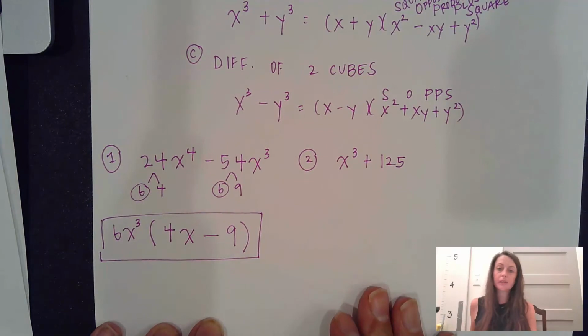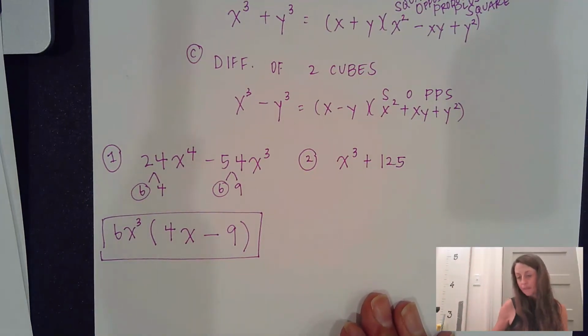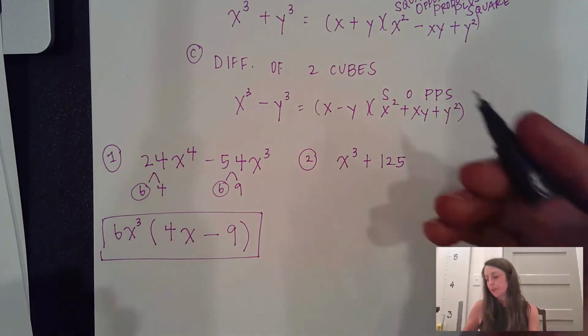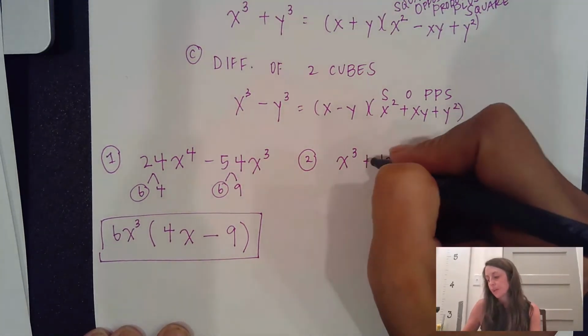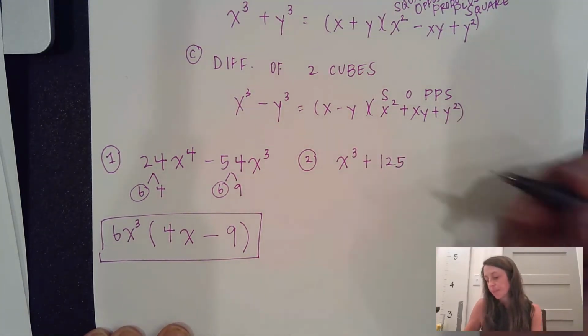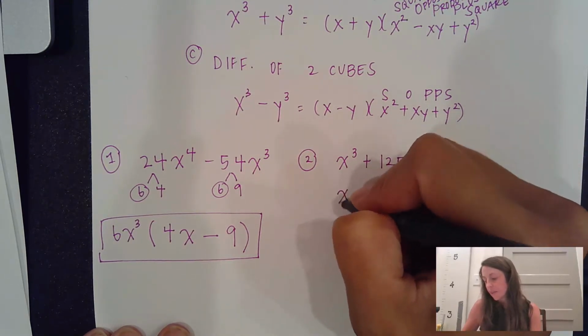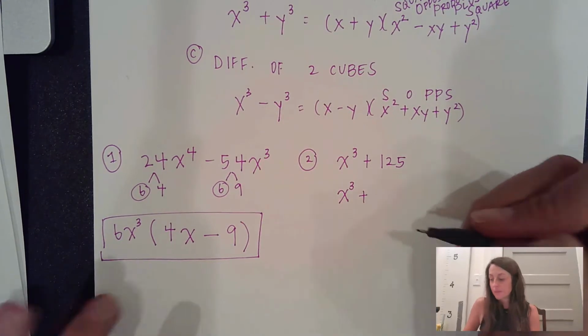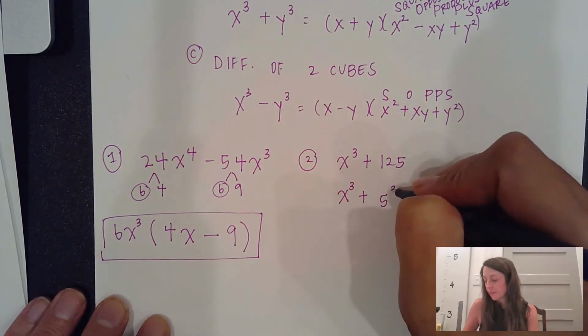All right, what about this one? x cubed plus 125. So I've got a plus sign. This is a perfect cube, 125. Is that a perfect cube? 5 times 5 times 5, so that is a 5 cubed.